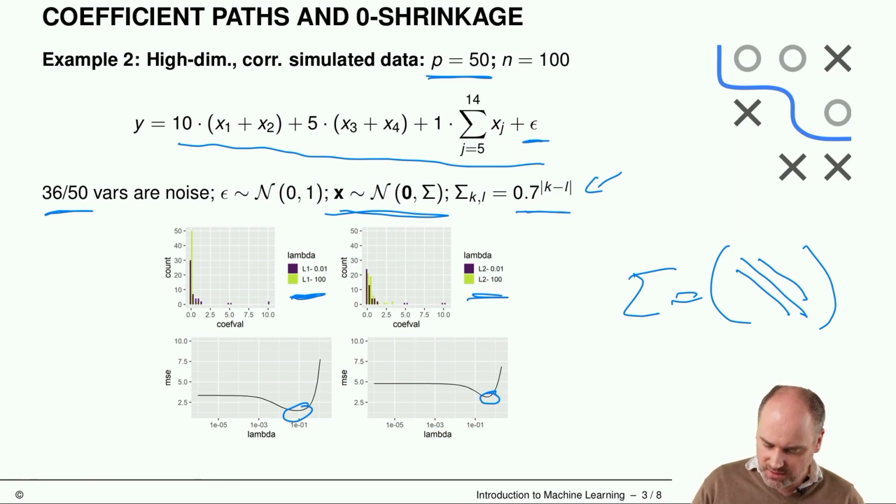What you should see is that, first of all, the histogram is a little bit broader and more values are non-zero for the ridge, and we have these high peaks on the 0 for the L1. So again, we can see the feature selection property of L1, especially for these yellow bars, which are produced by using a higher penalty of lambda equals 100.